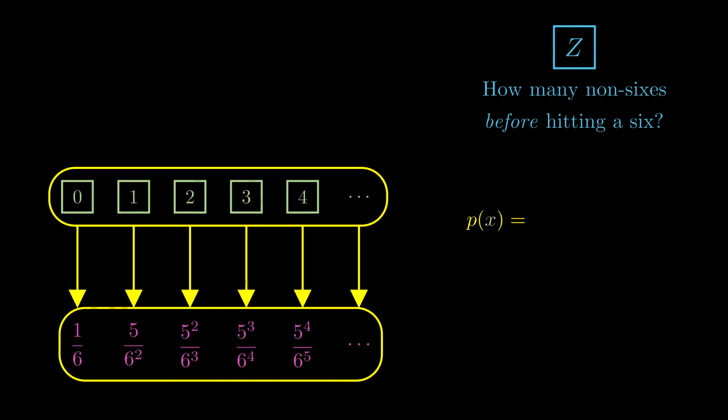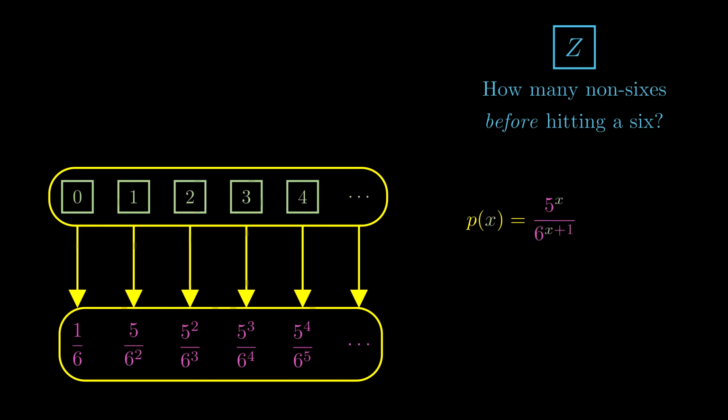That means he missed x times, with probability 5 out of 6 each time, so the end result would be 5 out of 6 all raised to the power of x. Then you've got to hit the 6 on the next roll, probability 1 out of 6. That gives the fraction 5 to the x out of 6 to the x plus 1.